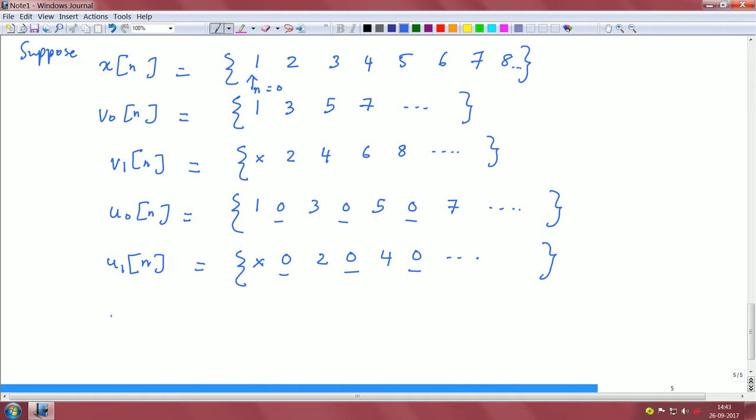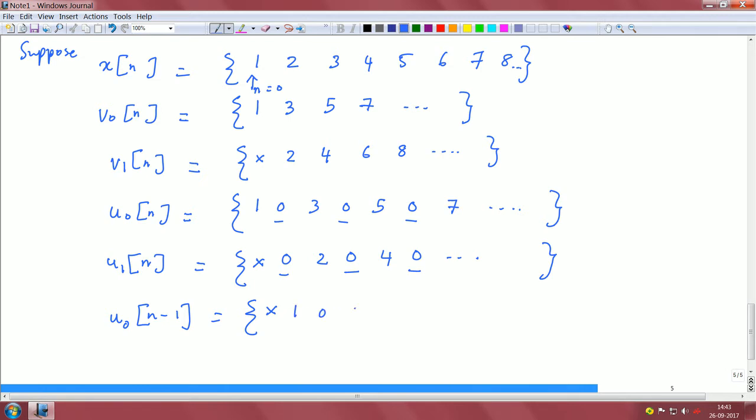Now you have a delay element for u naught of n, right, because u naught goes through the filter f naught of z, and therefore you get u naught of n minus 1. And u naught of n minus 1 is maybe some element in the past, I call it some x, right, because there is a delay, therefore something before n equals 0 is what I am going to get. Then I am going to delay it.